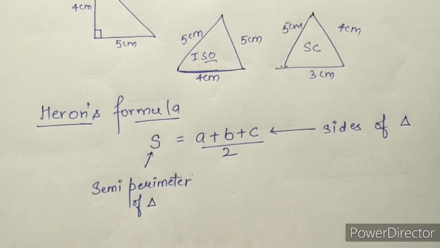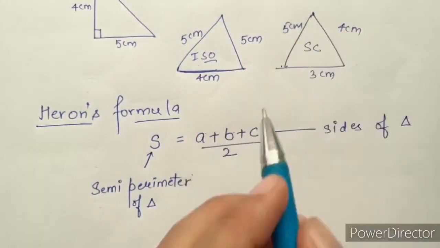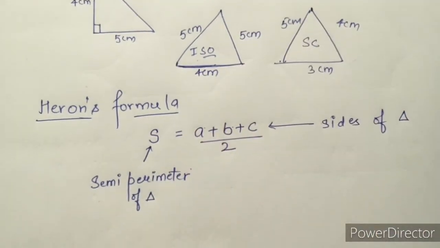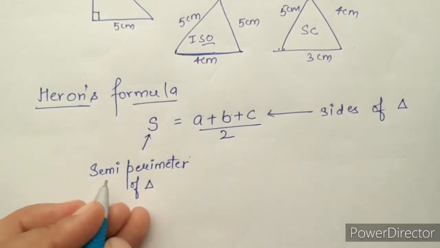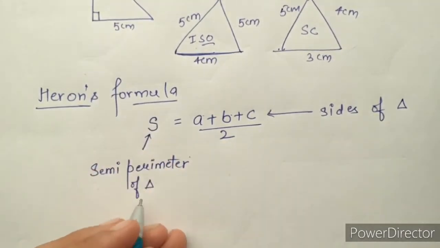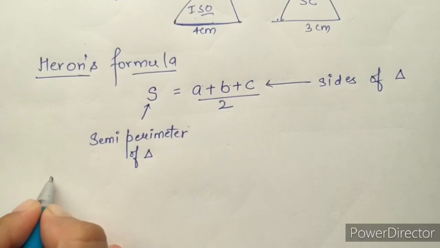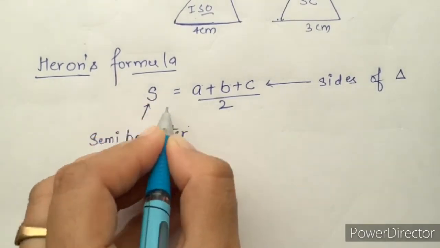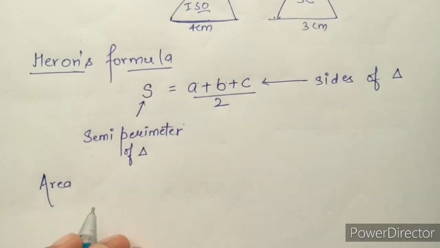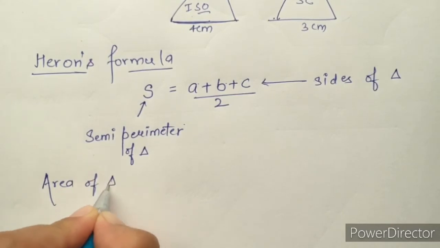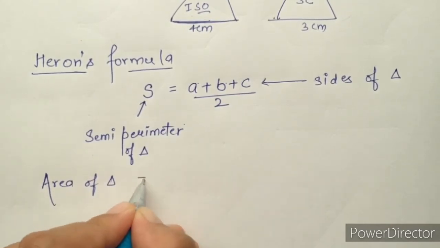Okay, students, see, we will use this for finding the semi-perimeter. After finding this S, our main formula is for finding the area of the triangle. First we have to find the semi-perimeter of the triangle, then the area of the triangle. This is our main aim, to find the area of the triangle.